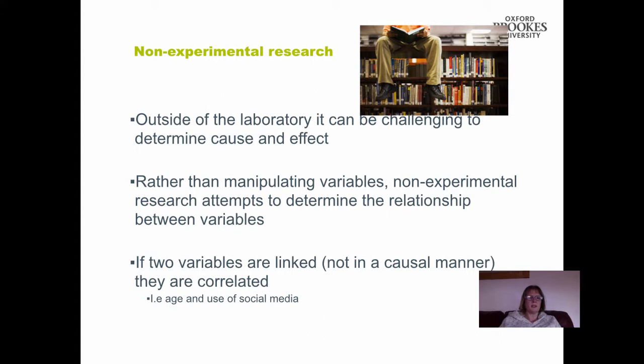What that actually means in experimental research is that the researchers are trying to manipulate variables. Now, if you think about a randomized controlled trial, it's meant to be the gold standard.